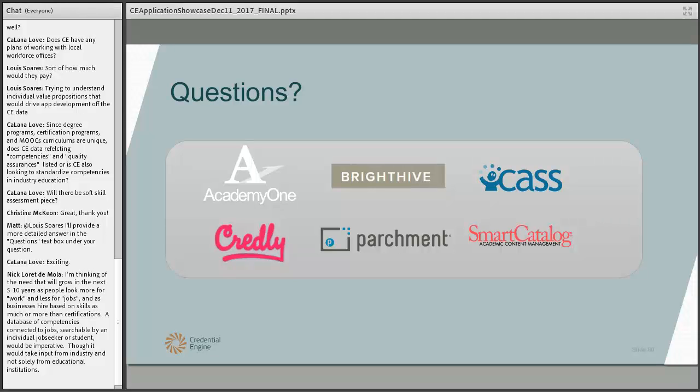So they're offered or issued in the U.S., but can be used by people around the world. The goal of the Credential Engine is to have the credentials offered in the United States, but also to open it up internationally. And so credentials from other countries could be included with the registry as well. Scott, do you have any things to add? No, thank you. I think you captured it perfectly.